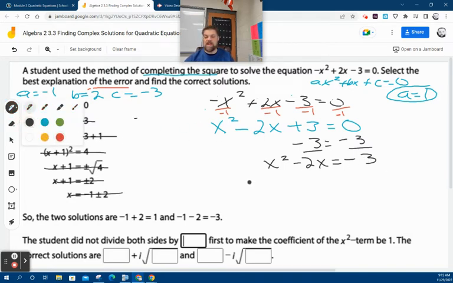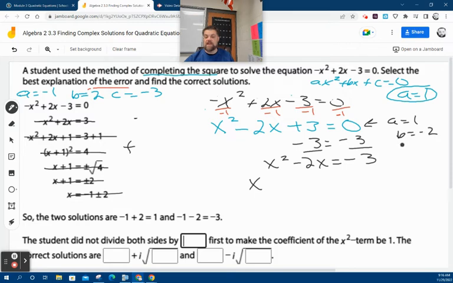So now I'm going to add, remember I've got to add, for this one, now A equals 1, B equals negative 2, and it doesn't matter what C is at this point. But C equals positive 3. So I've got x squared minus 2x, and then I have to add something here, and whatever I add on one side, I have to add to the other.